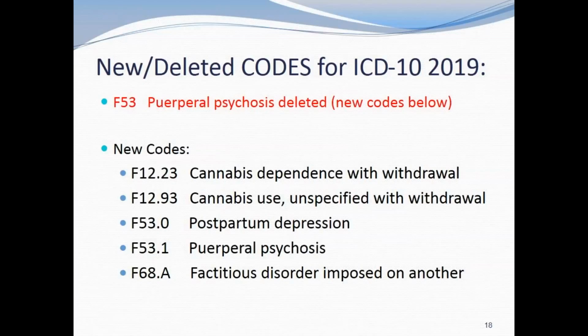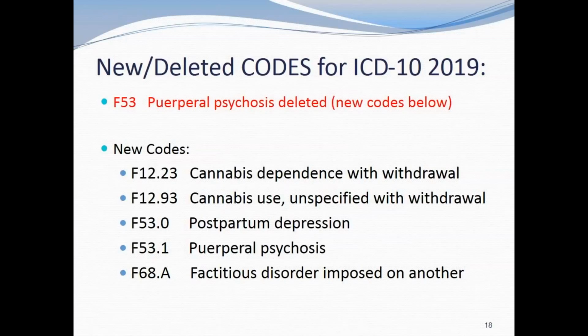Now there's some more new codes here. I put that in red to show you that F53 has actually been deleted. But like I said, the only reason why it's deleted is because they're adding more to it. So just remember that if something's deleted, it's probably because there's another digit on it.